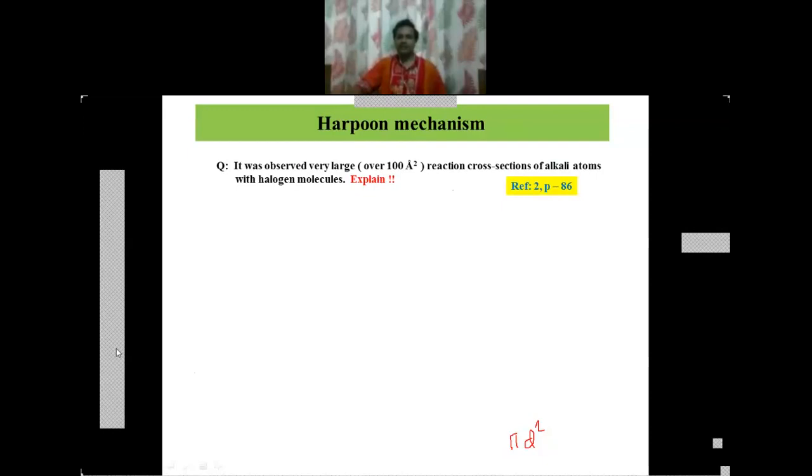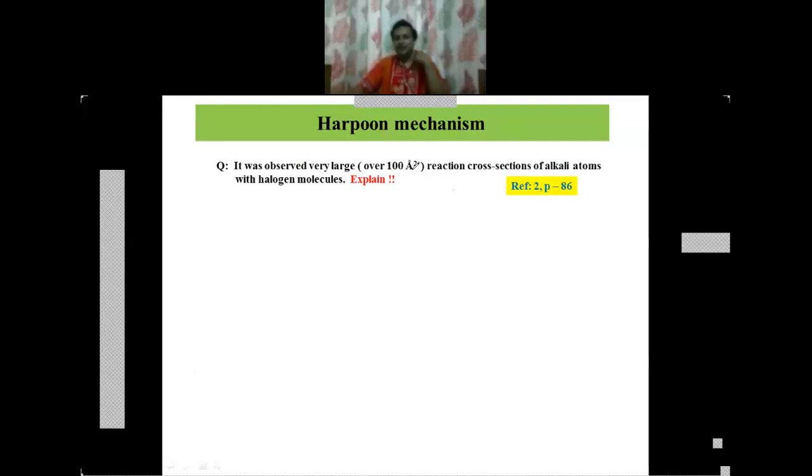I start with the question: if we look at a reaction experiment, then what we get is that for alkali atoms, when they collide with halogen molecules, the reaction cross section is going to be quite large. So that is 100 angstrom square.